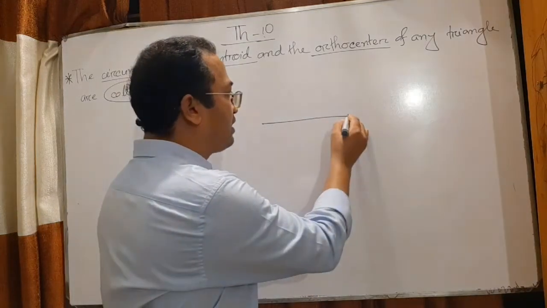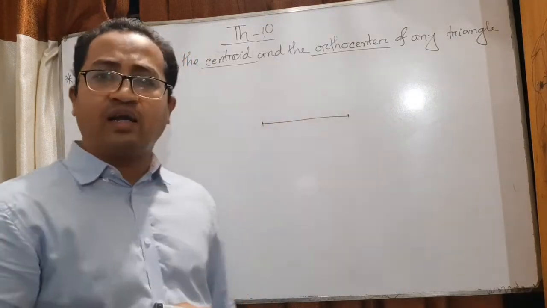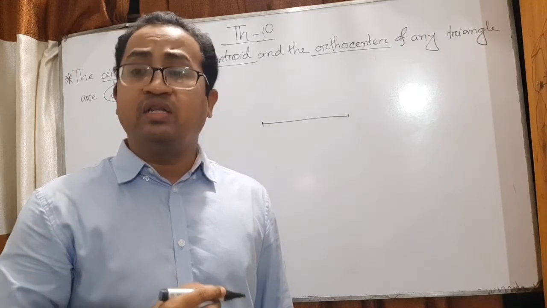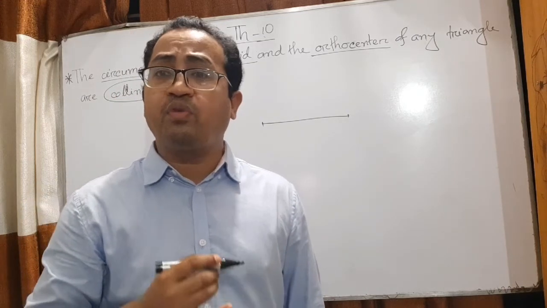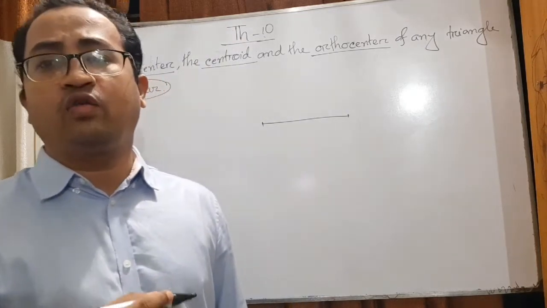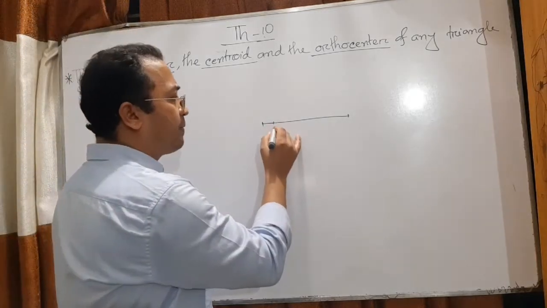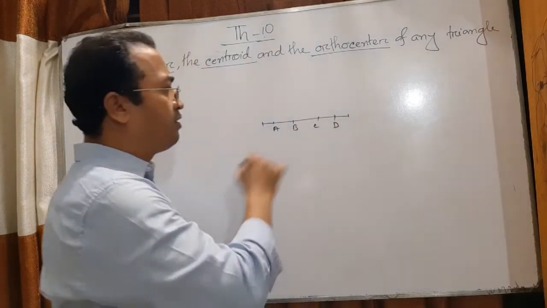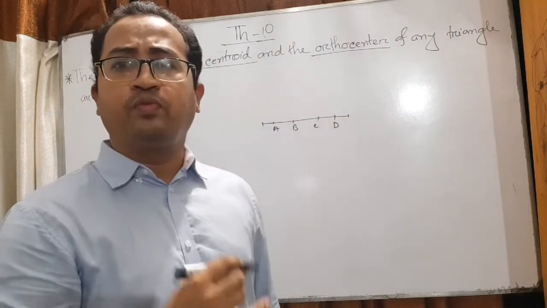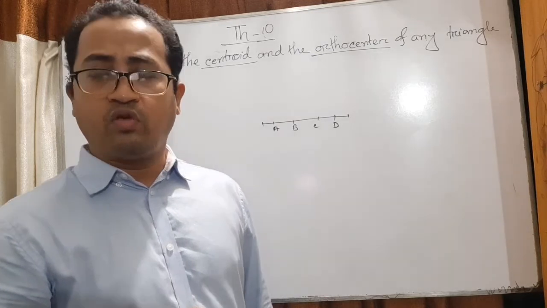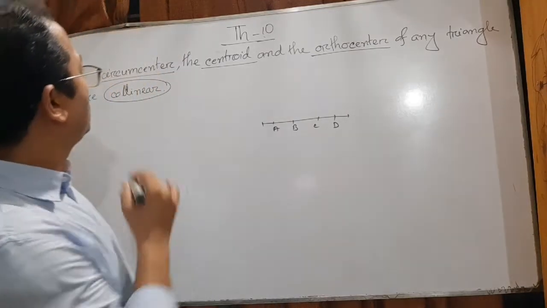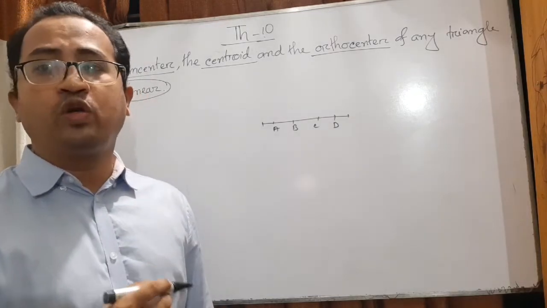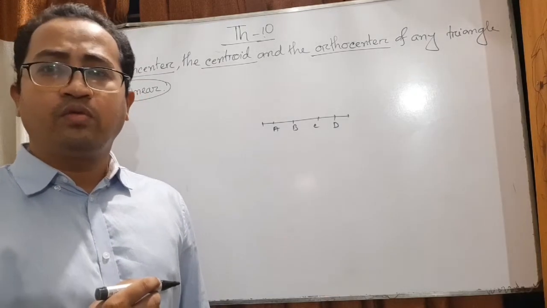This is a line, and on this line there are innumerable points. These points are collinear. If I take here A, B, C, D, four points over there, these four points are collinear. Similarly, orthocenter, circumcenter, centroid, these three points should be collinear. We will prove this in this theorem.